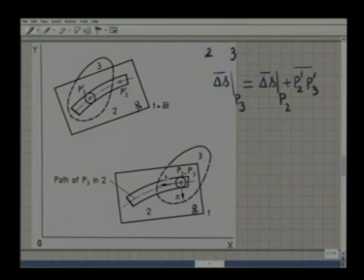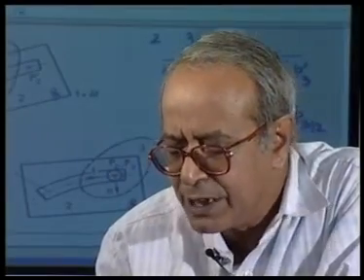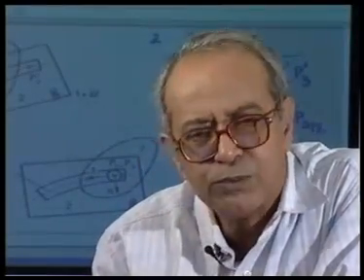So this P2 prime P3 prime is the displacement of the point P3 as seen by an observer sitting on, or attached to, body 2. The notation we use is delta P3 stroke 2, which means the displacement of the point P3 as seen by an observer attached to body 2.